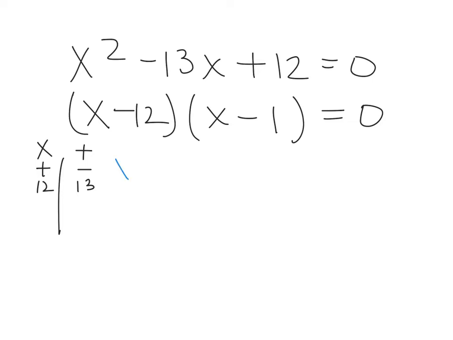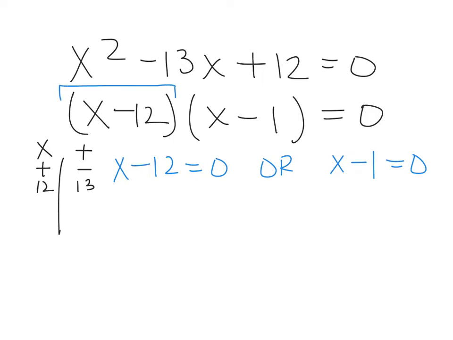I'm going to say X minus 12 is 0 or X minus 1 is 0. The point is, either this quantity has to be 0, because something times 0 is 0, or this quantity has to equal 0. So I need to figure out what would make those quantities 0.